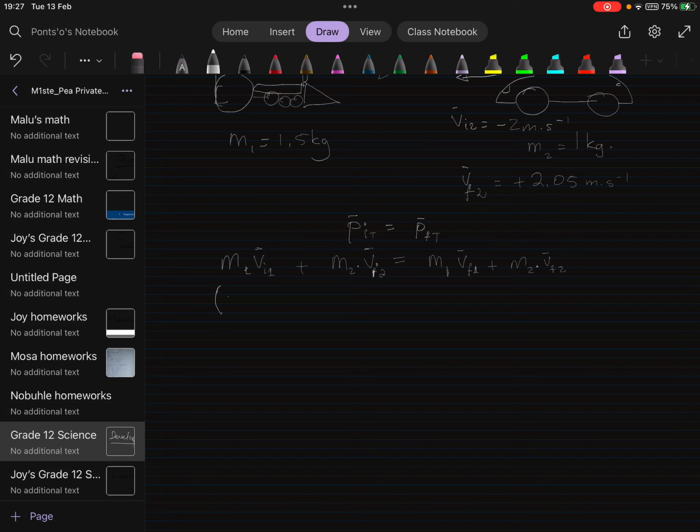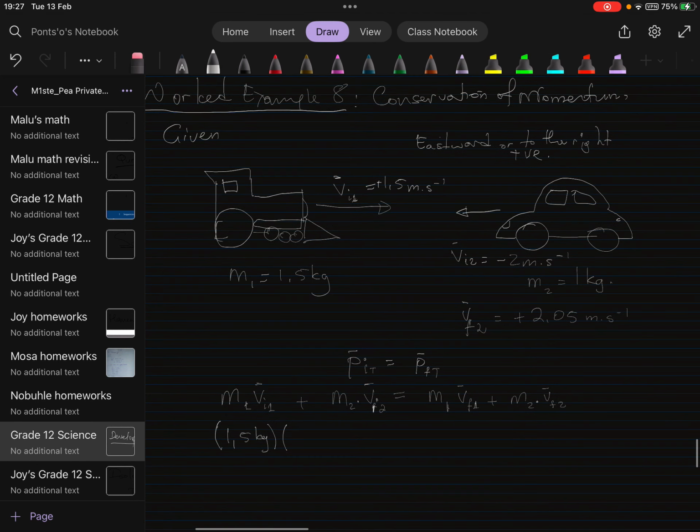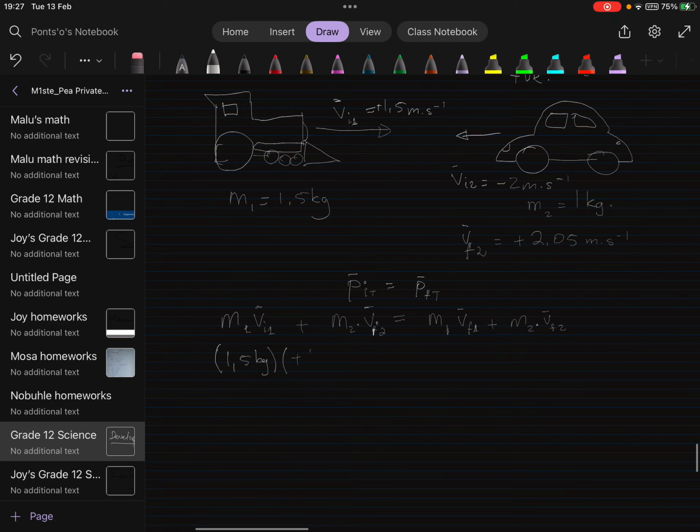Now we're going to just substitute. We've got the mass of object 1, which is the toy train, and it's given as 1.5 kilograms. And we also have the initial velocity of the train, which is positive 1.5 meters per second, because it's moving toward the east.